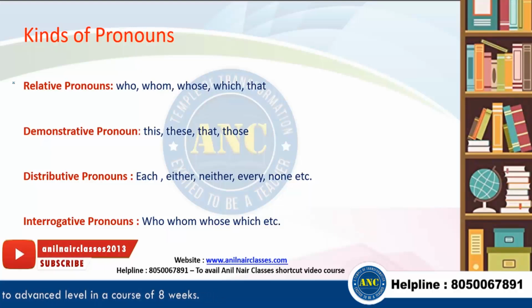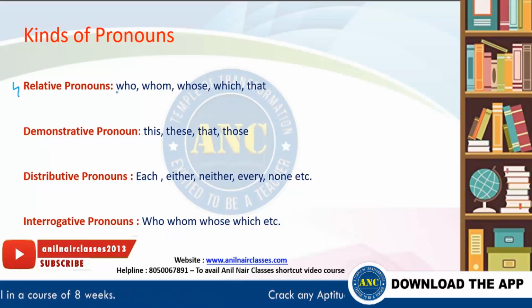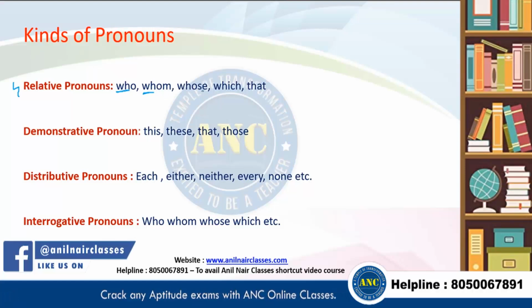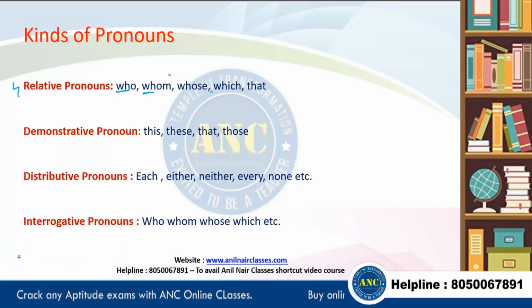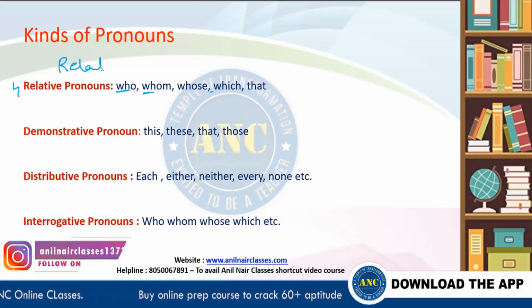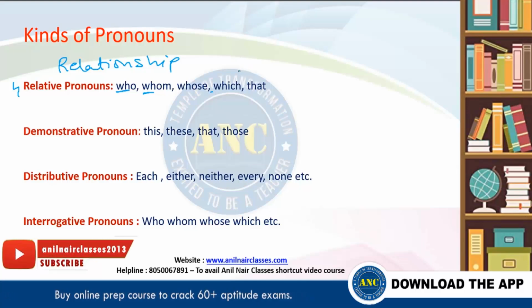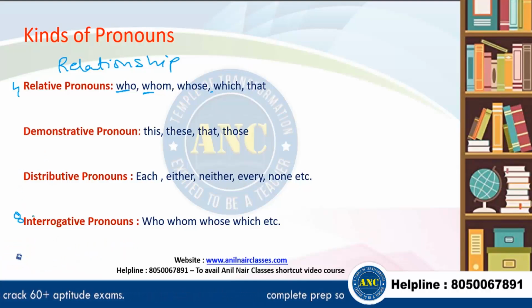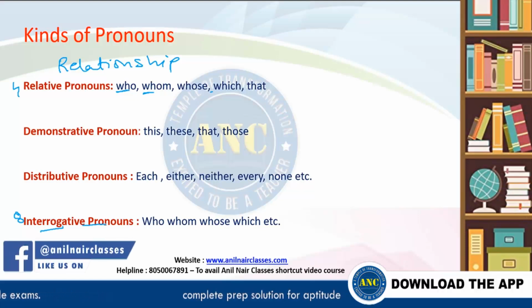Then the fourth one is relative pronouns. If you look at the relative pronoun examples, they are WH words like who, whose, whom, which, that, etc. The name says that they show the relationship between the nouns and pronouns and the other words in the sentence.